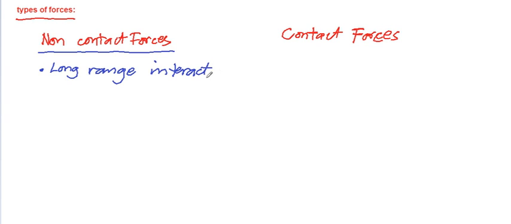Even though two objects or two interacting bodies are far away from each other, still there is a presence of force. That's basically long-range force, that is non-contact force. One of the examples of this is gravity.